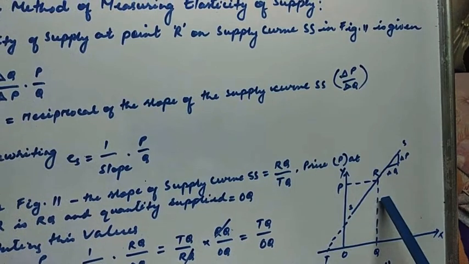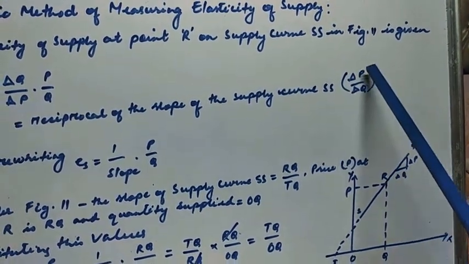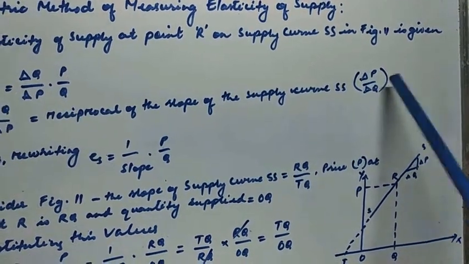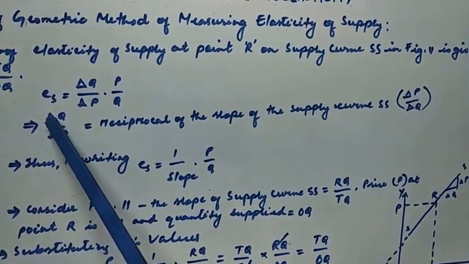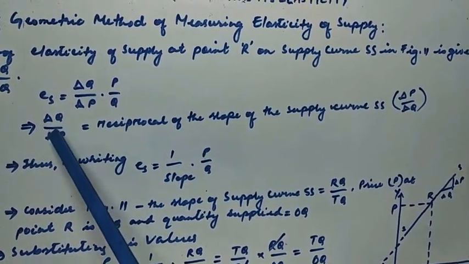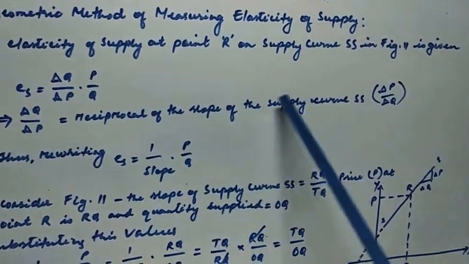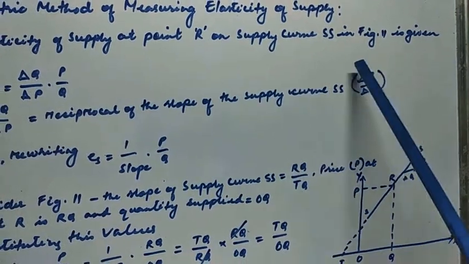So what is the slope of the supply curve? Slope of the supply curve is change in P divided by change in Q. So this change in Q divided by change in P is nothing but the reciprocal of the slope of the supply curve.